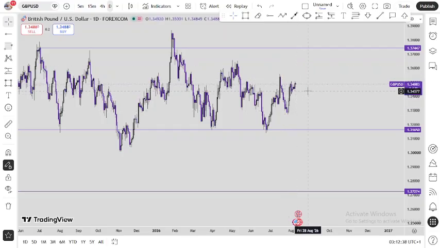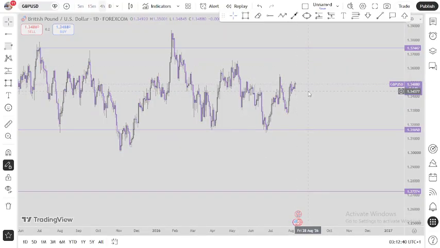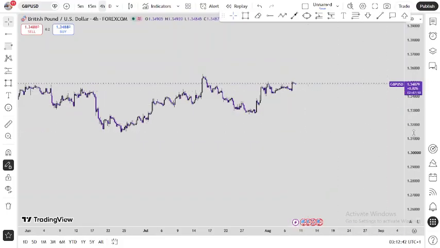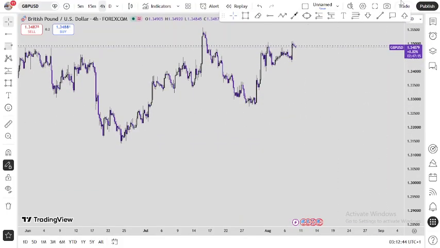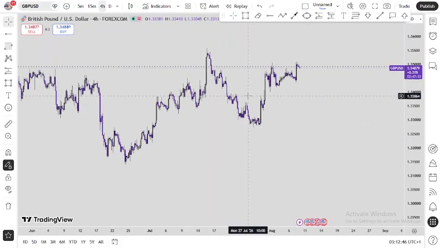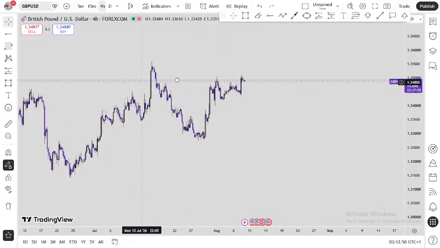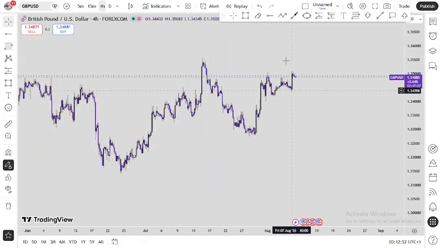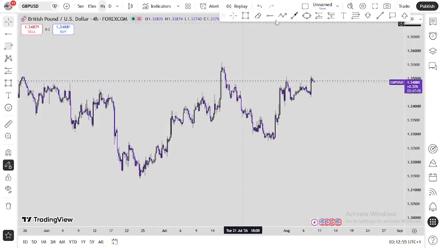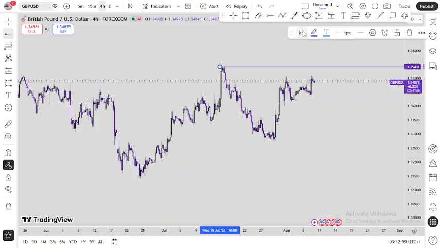So heading into next week, and with our expectation of what DXY should be doing, we should be looking for continuations of GBP USD strength. So let's mark out our major areas on the 4H here.